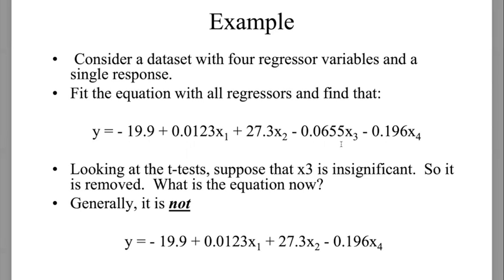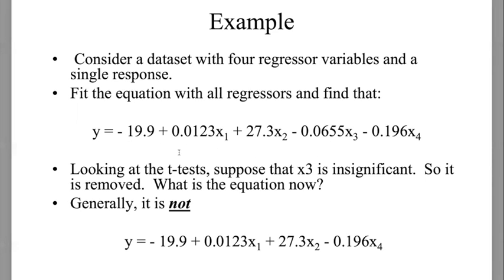So what would be the equation if we did that? If we remove X3 from the model, what would be the parameter estimates for beta 0, beta 1, beta 2, and beta 4? Well, in general, if we were to refit that model, then the new coefficients would not be equal to the coefficients that we have obtained from this model.